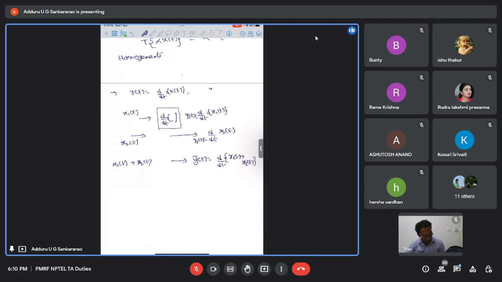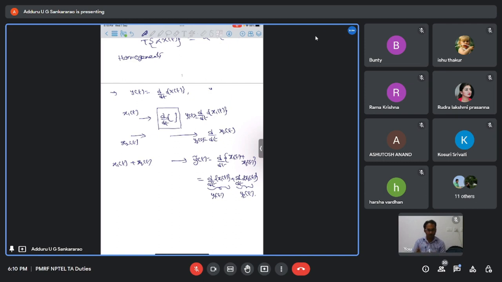Now since differentiation is distributive, we can expand this as d by dt of x1 of t plus d by dt of x2 of t. Now this is nothing but y1 of t, and this is nothing but y2 of t.